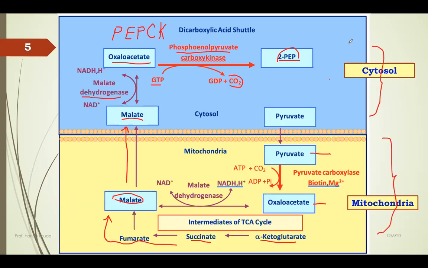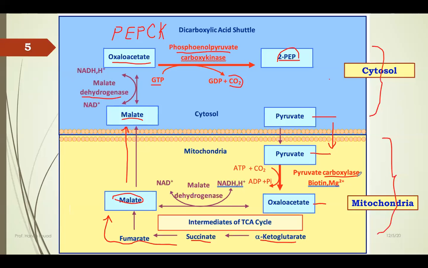Another mechanism: some amino acids can give me pyruvic. Pyruvic acid is an organic acid. Pyruvic can cross the inner mitochondrial membrane; it is allowed to cross. Then pyruvic goes inside the mitochondria, where an enzyme called carboxylase acts.